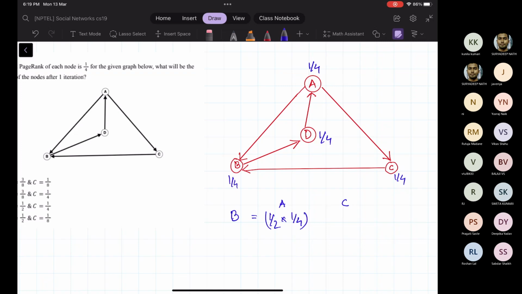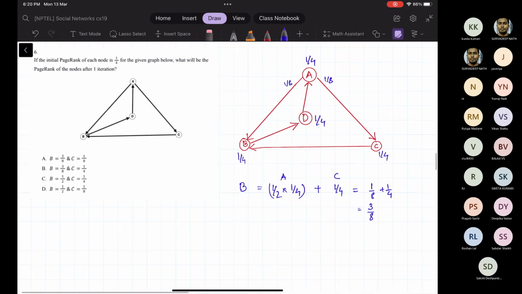A distributes to B and C, so that is how 1/4 of A is split between B and C. So B gets half of 1/4, and C has only one outgoing edge, and C gives its entire 1/4 to B. So 1/8 plus 1/4 would be 3/8. The page rank of B is 3/8.